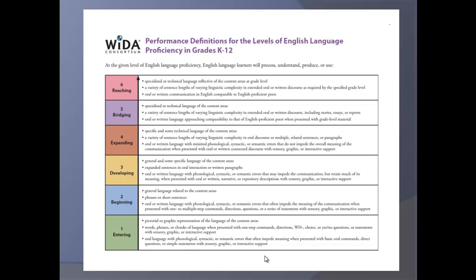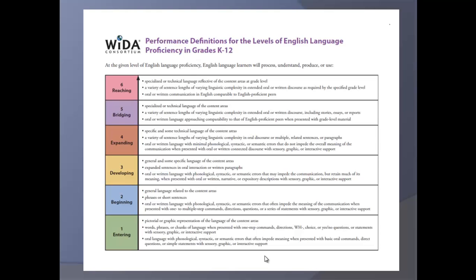What will the English learner be able to process, understand, produce, or use? So for this particular student, they would be able to use graphic representation of the language of the content areas, words, phrases, chunks of language, yes or no questions or statements, oral language.